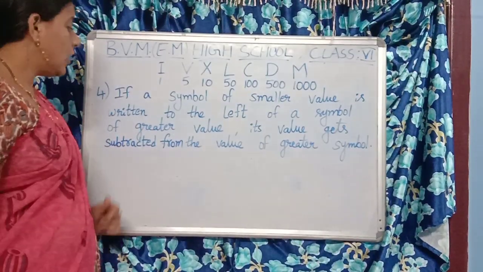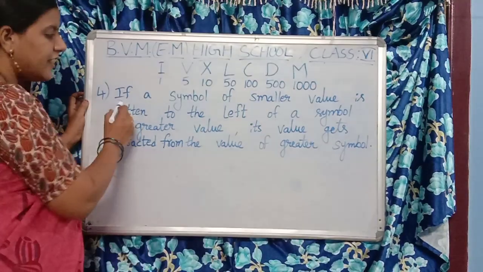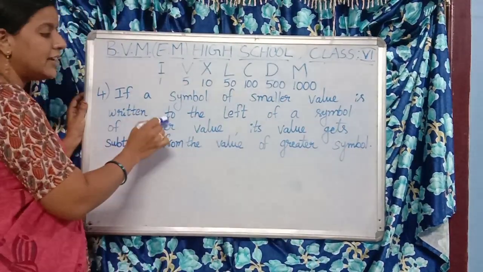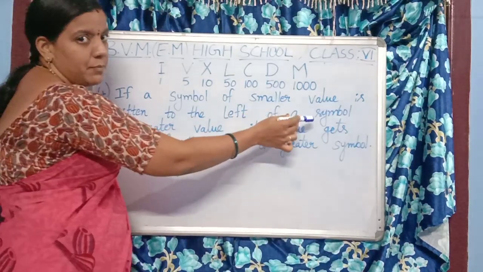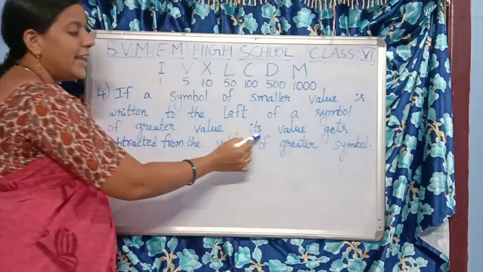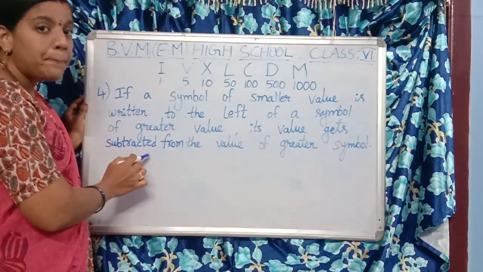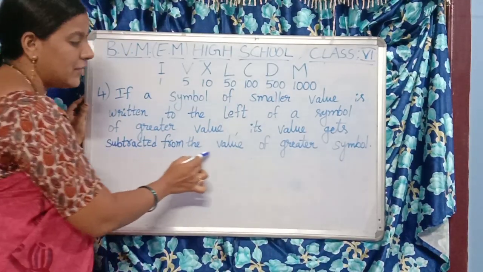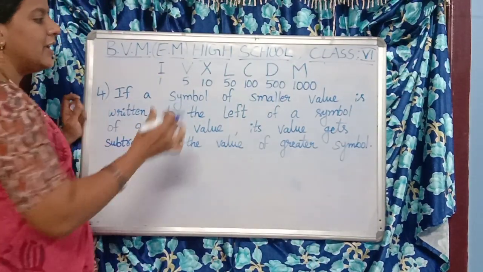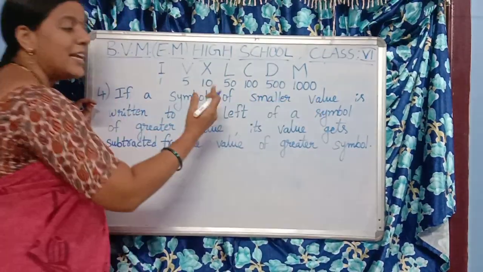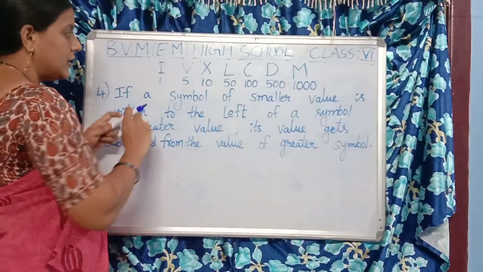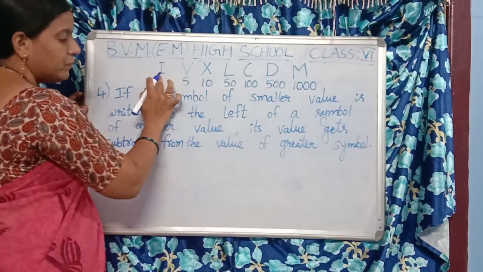Next, rule number 4. If a symbol of smaller value is written to the left of a symbol of greater value, its value gets subtracted from the value of the greater symbol. Take IV.